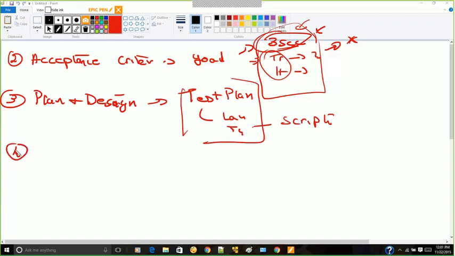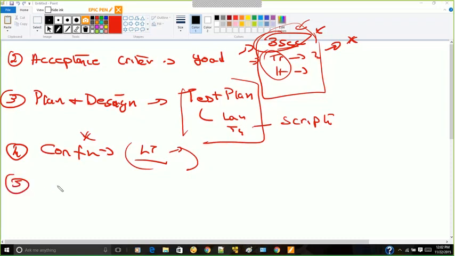Fourth one is configure the test environment. Here you will start working on installing the tool. You will start configuring your tool with your application. All those configurations might be already set up for you, or you might have to do that. So you install the tool and set up everything here. Five is implement the design.